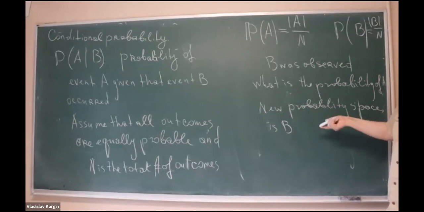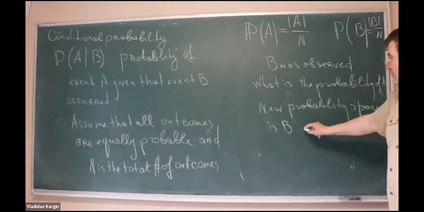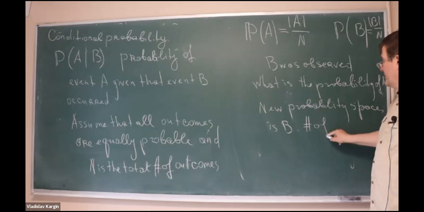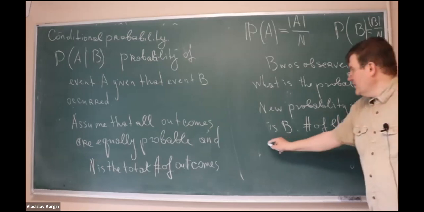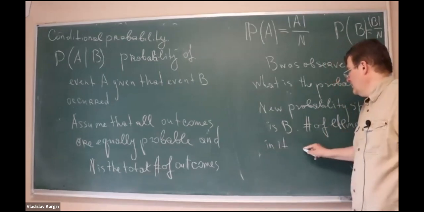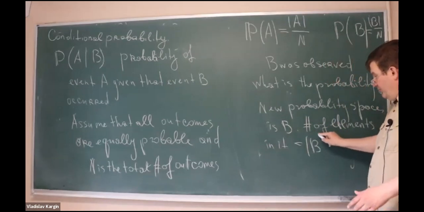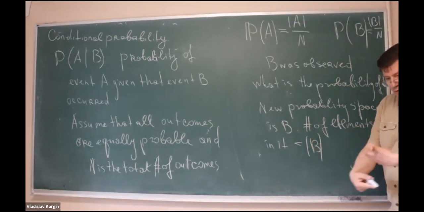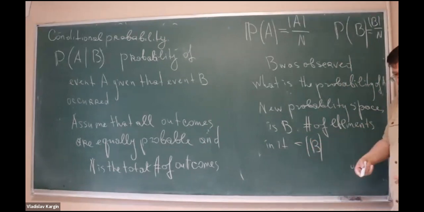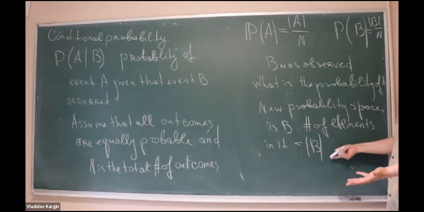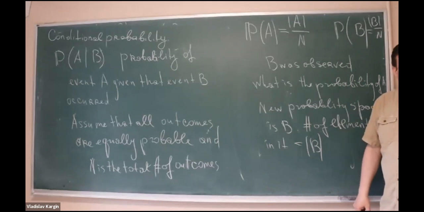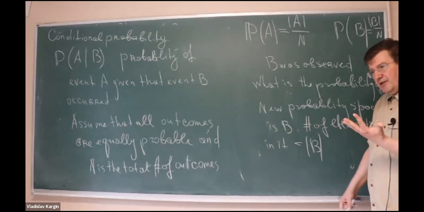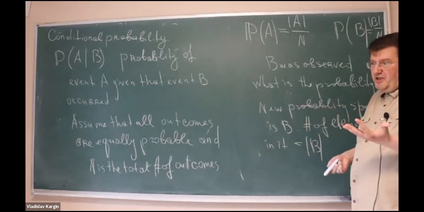Right? So now the number of elements in it equals B. This is the number of all possible deals of cards which is consistent with B. And now we need to make another assumption: that after you observed your cards, all possible outcomes are still equally probable.